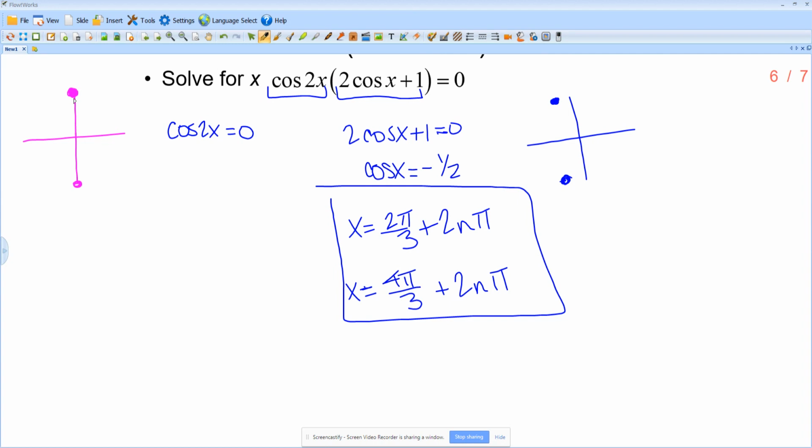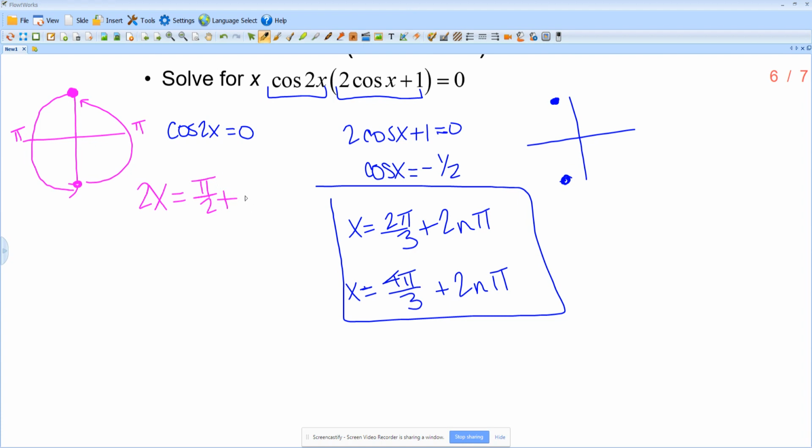This is pi halves. So I would have 2x equals pi halves plus, and because I only have to go here and then here, this is a revolution of pi, not 2 pi.